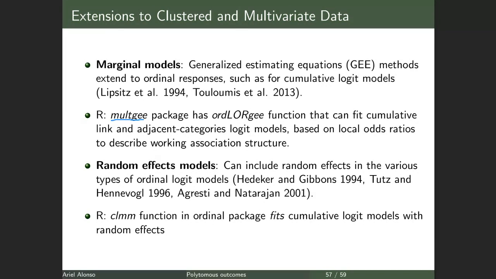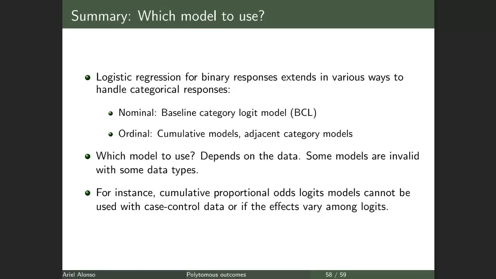And that can also be done. There is a function in R called CLMM, in the ordinal package, that you can use to fit cumulative logit models with random effects. But again, we are not going to see that.